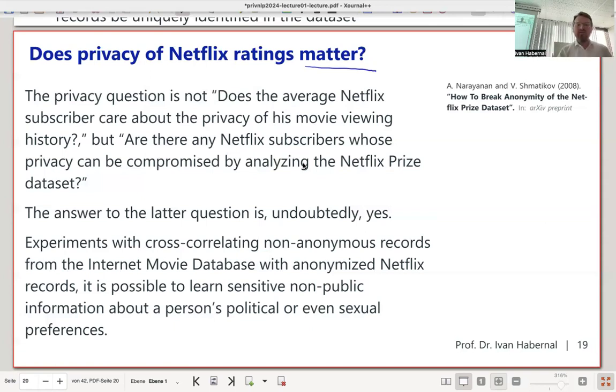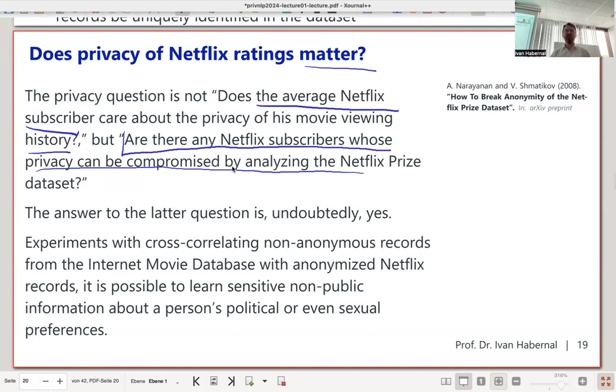But the question is not whether an average Netflix subscriber, like you or me, cares about the privacy of their movie viewing history. Maybe they don't. The question is whether there is anyone in the database whose privacy can be compromised by analyzing this release.